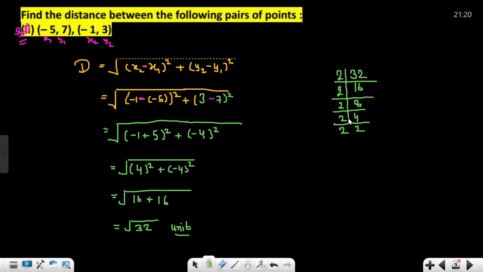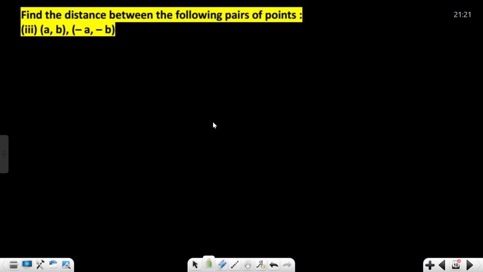And 2 divided by 2, 1. How many factors? Pair 2 and 2. So how do we write it? If you want, you can write like this: 2 into 2, 4, and only 2 has no pair. So write it under the root sign. You can write like this also. Okay. Now let's move on to part 3.